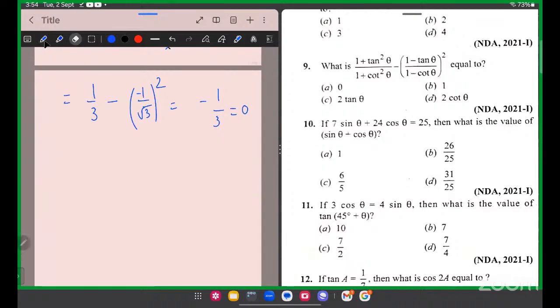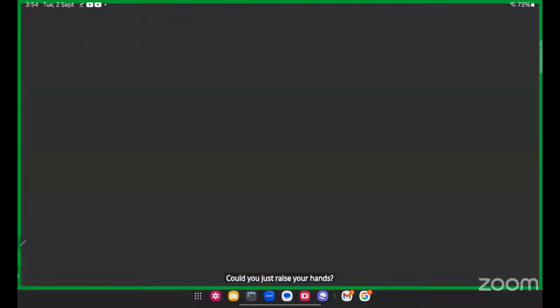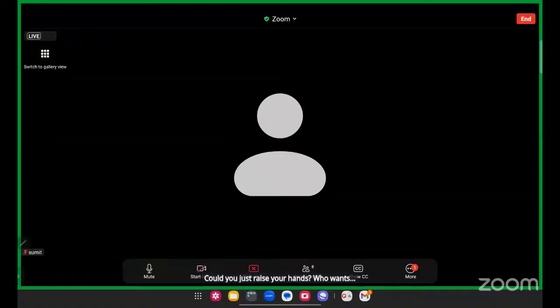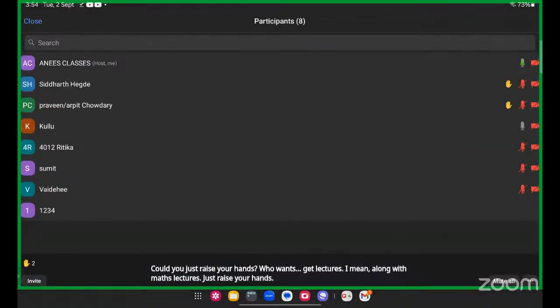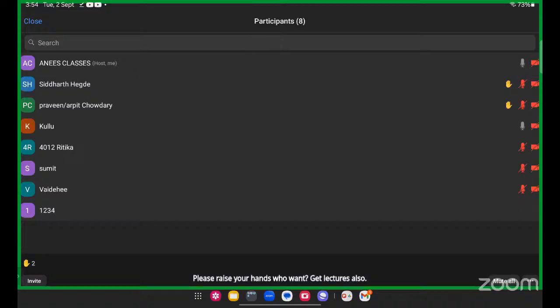Could you just raise your hands? Who wants GAT lectures along with maths lectures? Please raise your hands. Only two, Siddharth and Praveen. What about Ritika, Sumit, and Vaidehi?